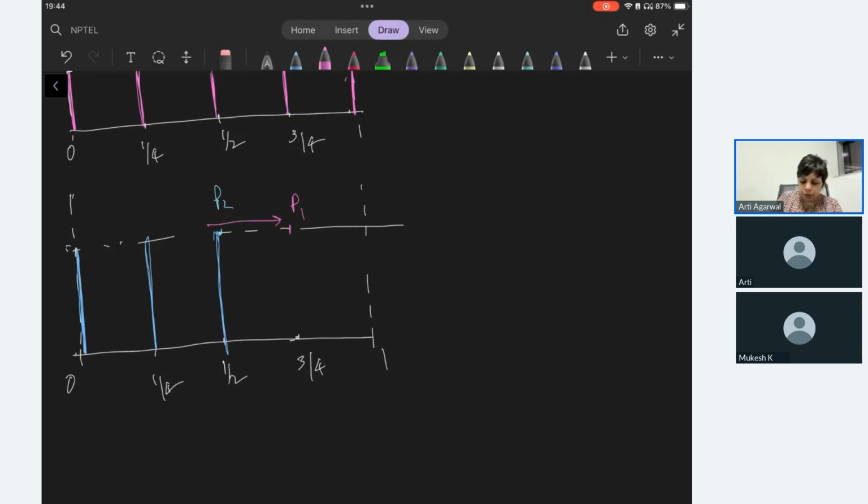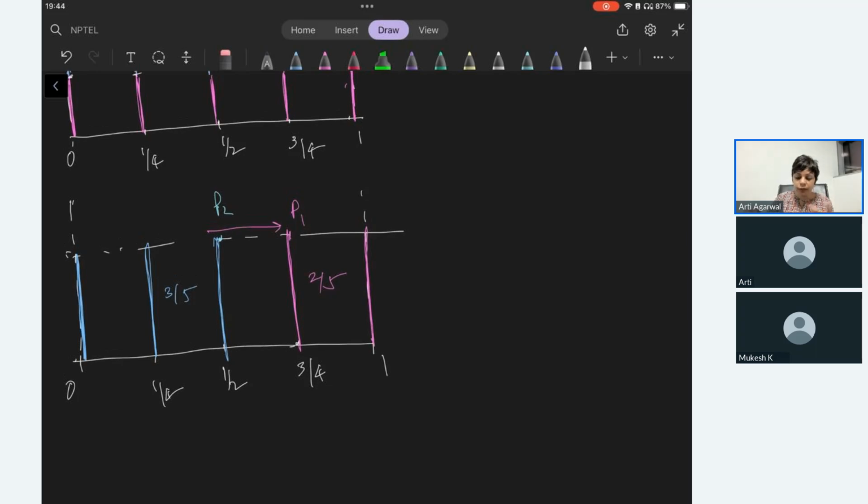P1, he gets what? For people at 3 by 4, they're going to vote for P1 because he's the closest. And for people at position 1, they're also going to vote for P1. Now P1 is getting only 2 by 5 and P2 is getting 3 by 5. So P1 understands that there is no point in campaigning in the other camp or the other side of the center because now he's reducing his vote share, right?